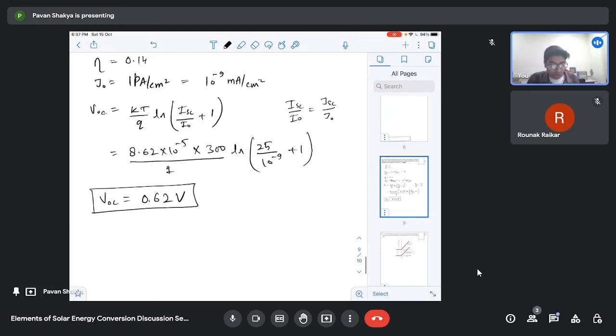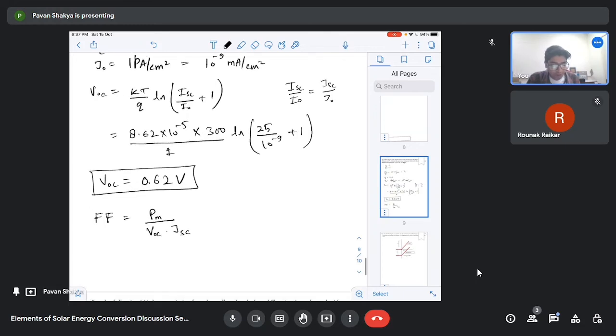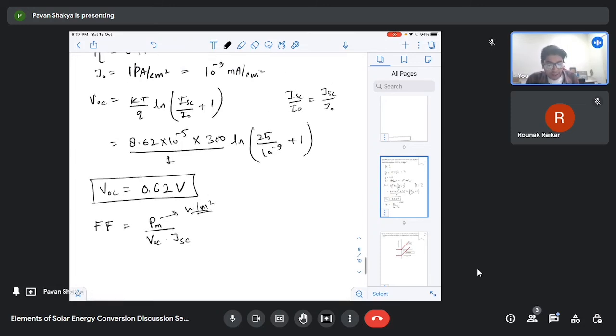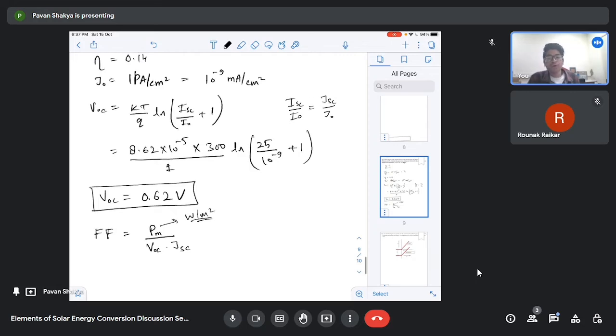Next, for the fill factor. So we know the formula for the fill factor, that is equal to the maximum power divided by the ideal power, that is VOC multiplied by the JSC. Okay, so if we are using this JSC, then this power should be in terms of watt per meter square. Generally the normal irradiation is given as 1000 watt per meter square.